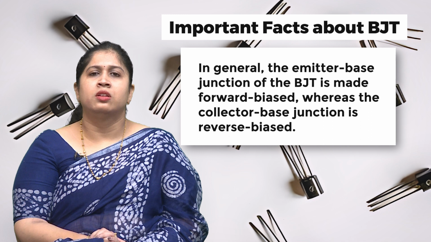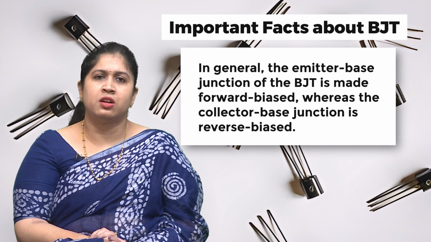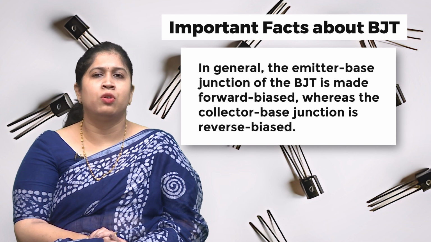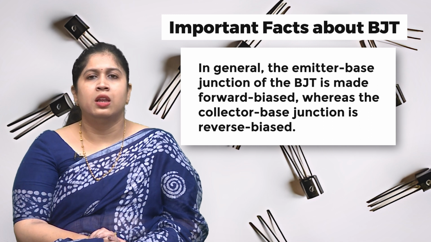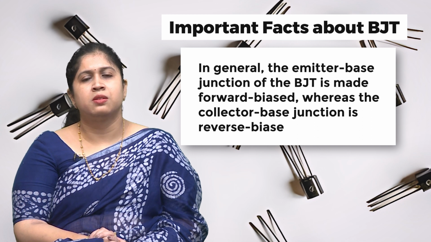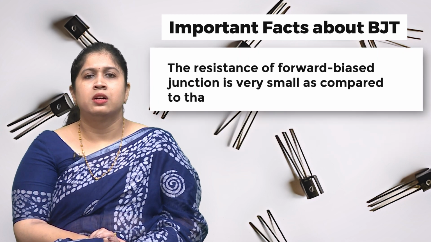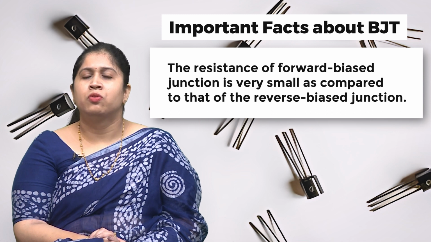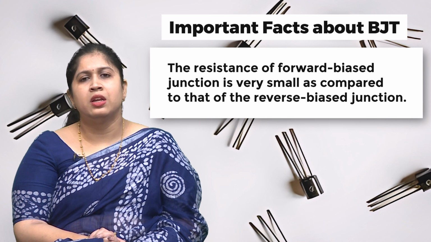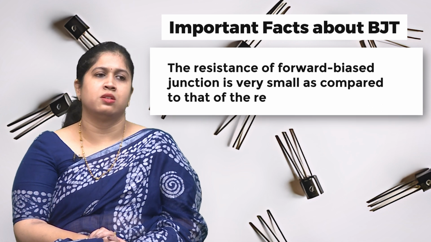In general, the emitter-base junction of the BJT is forward biased, whereas the collector-base junction is reverse biased. The resistance of the forward biased junction is very small as compared to the reverse biased junction.